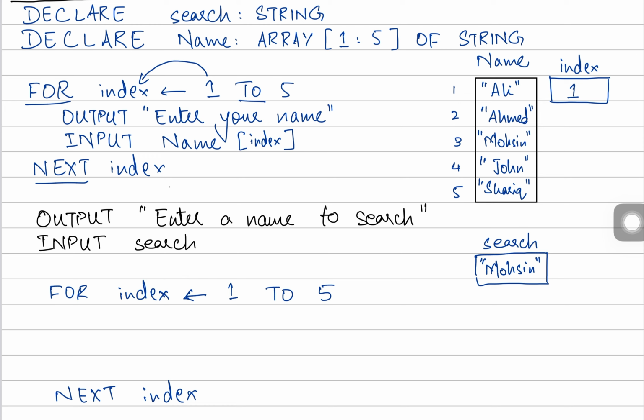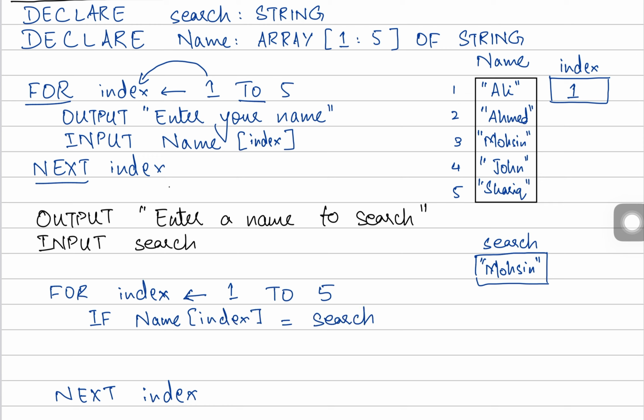Okay, so you have already taken an input in the variable search. Now you need to look for whatever is stored in this search variable throughout the array. For this, you need an if condition, a selection statement. You will say if name, that is the name of the array, of index is equal to search.